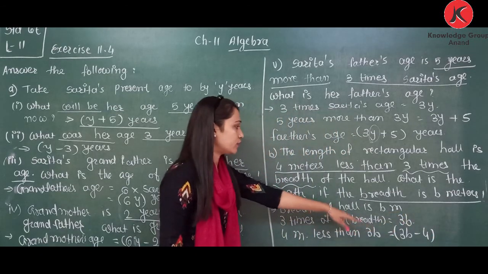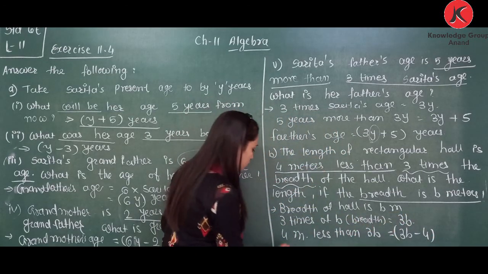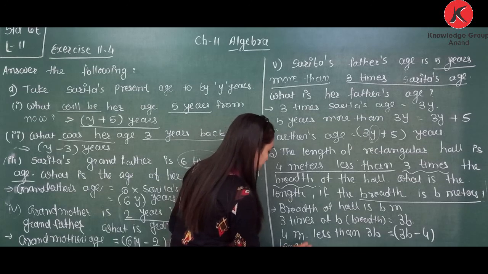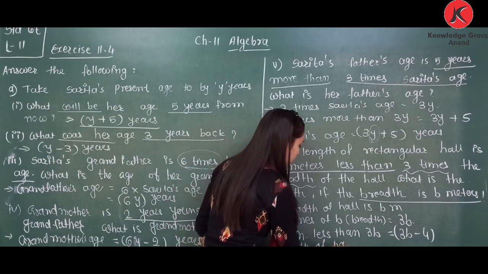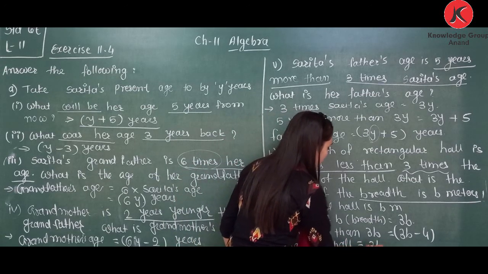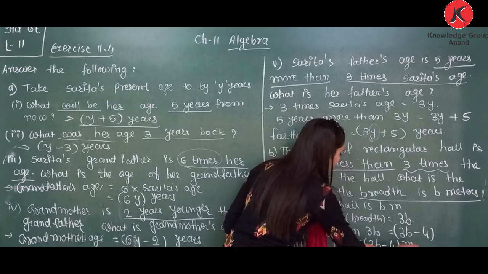So this will give the length of the hall. So length of hall is 3b minus 4 meters.